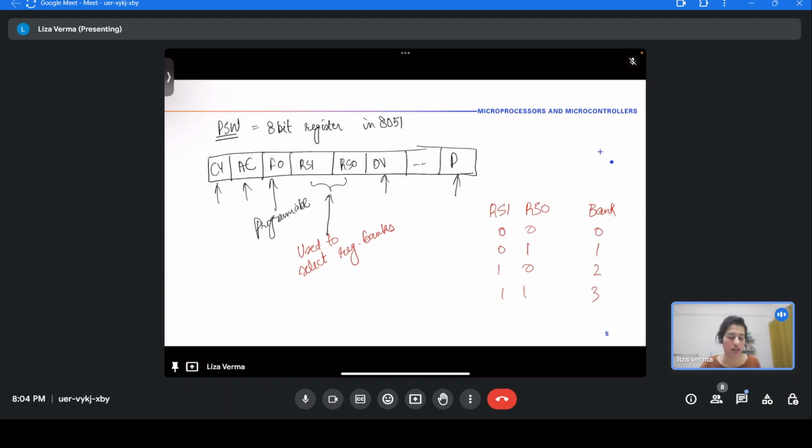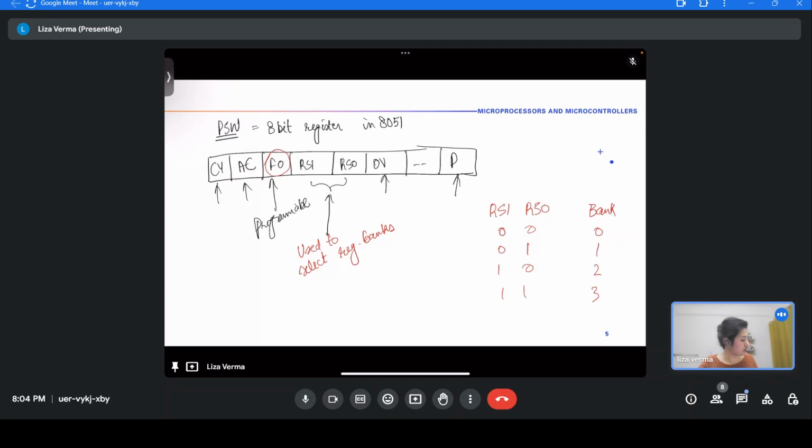What is the function of flags? To keep track of operations, what's going on, right? So if there's an operation which the programmer or the main program requires to keep track of, then this F0 bit can be programmed to keep track of that operation.